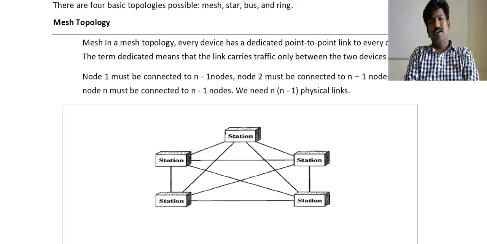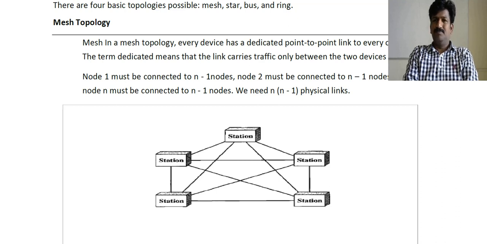All these 100 computers are able to connect to all the remaining computers with point to point nature. It means a physical link is available between all the computers. A direct link is provided. A dedicated link is provided in the mesh topology.